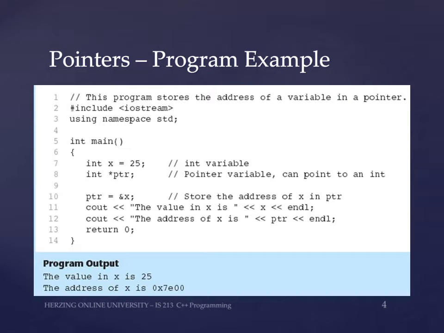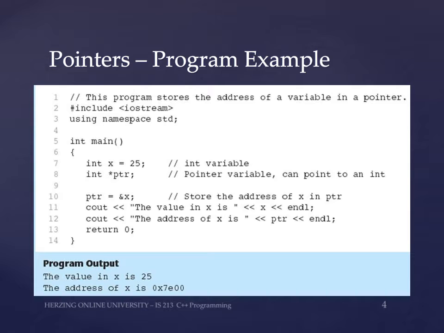In this program example that you see on slide 4, you can see how the address of a variable is stored in a pointer. You have the integer variable x and the pointer variable ptr. The ptr can point to an int variable, and ptr equals ampersand x stores the address of x in ptr.